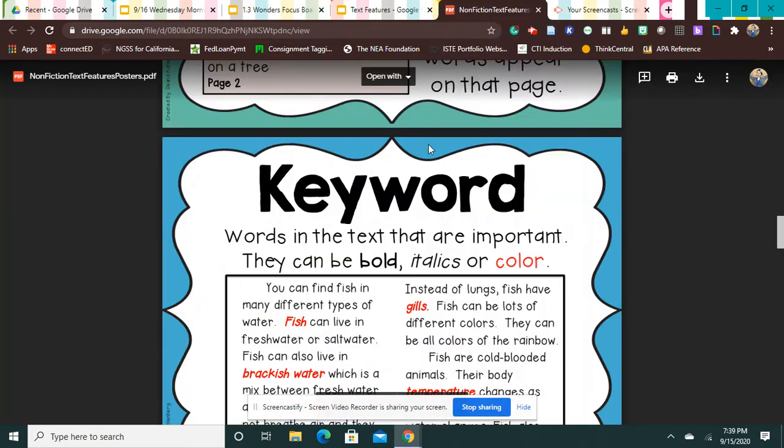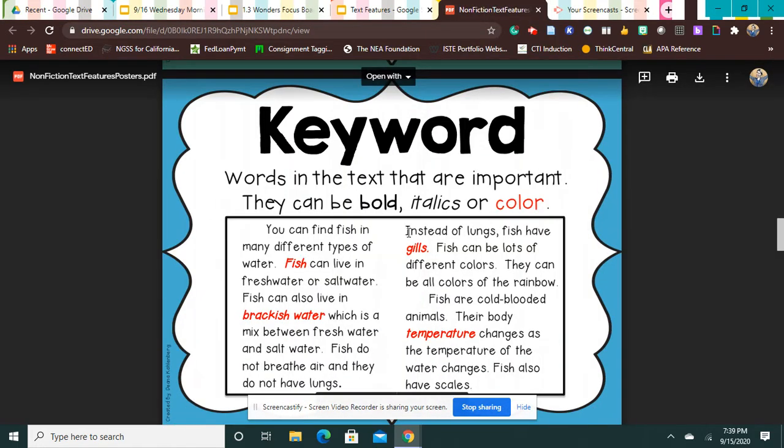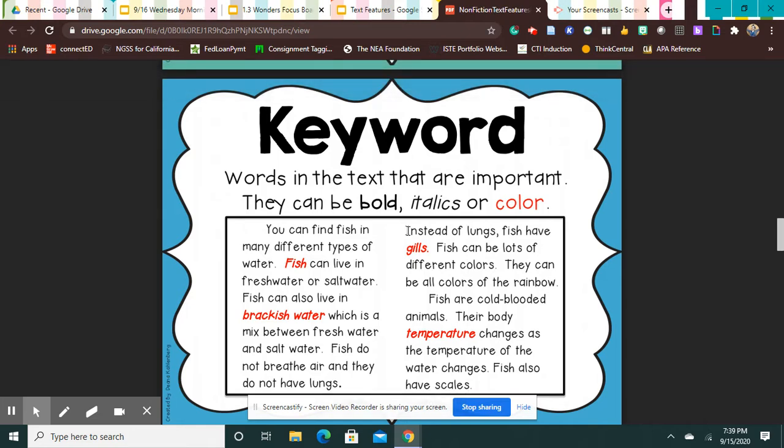First, I'm going to give you some examples. Something that will help you learn is having a key word. Since we are reading out of our ELA books, the key words are our vocabulary words. We're getting a little more comfortable with those words since we've been learning about them and defining them. When we see them in our text, they're typically highlighted. In this example they are red, but usually in our book they will be highlighted.